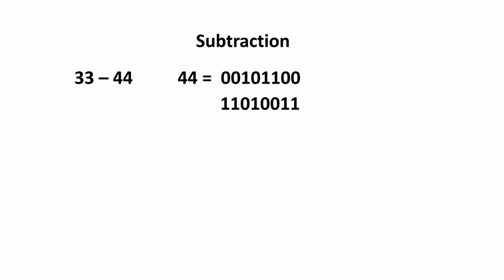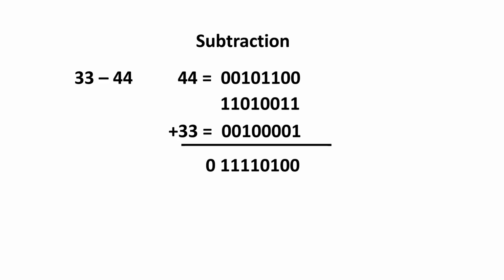Now let's do a subtraction where it goes negative. So we've got, say, 33 minus 44. There's your 44. We'll invert it. Then we add the 33 to it, the same as before, which comes up with this answer here. The carry flag is a 0 now, so we know we've gone negative. So we've got to borrow.